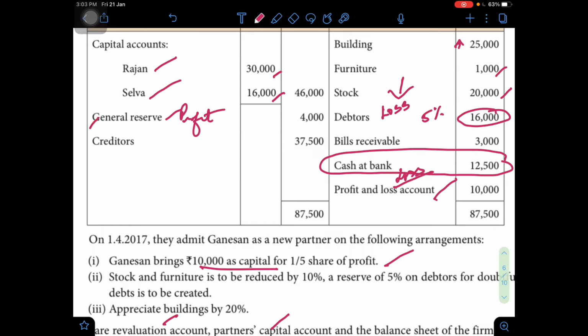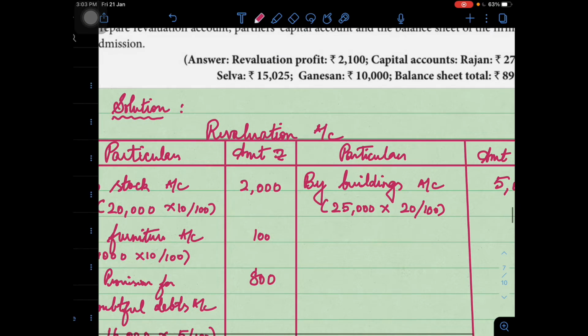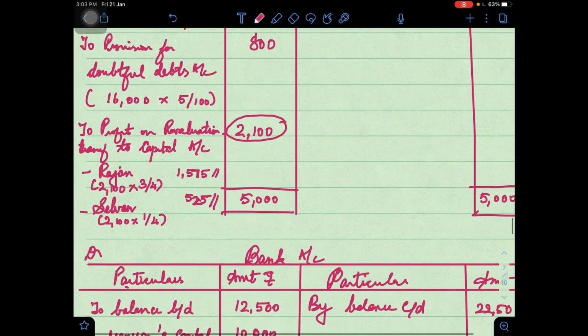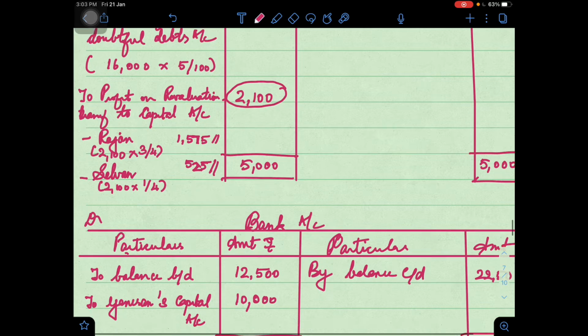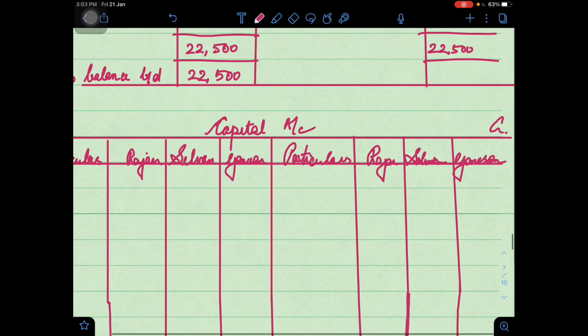Don't forget to show this general reserve and what you have got as your revaluation profit or loss, in this case profit. All this we are going to record one by one in our capital account. To start with, I will start with the credit side, because capital accounts show credit balances, no doubt in that. So to balance drawdown.